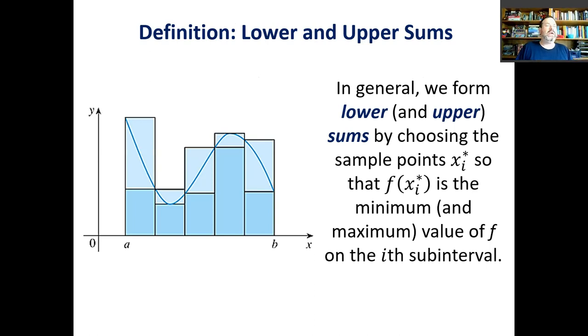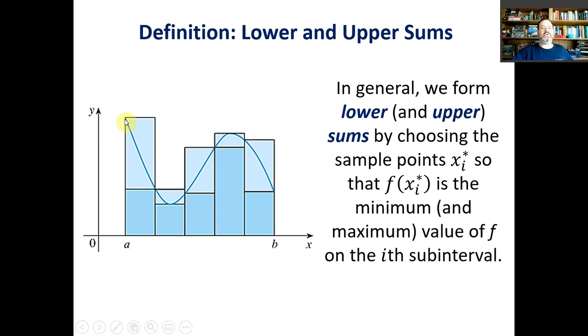It might turn out that in the future you're working on an application where using left or right endpoints is inconvenient, but maybe there are easier values in the intervals that you'd rather use. That's what this is showing here. A left and right endpoint approximation are built for each interval, and you choose the f of xi star to be the minimum and maximum value of f on the ith subinterval.